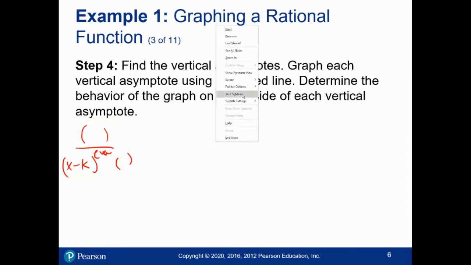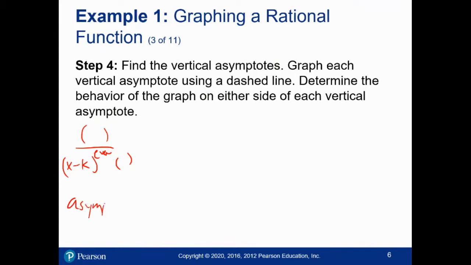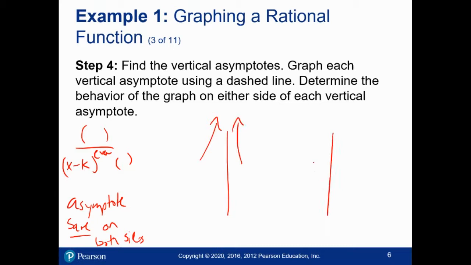So here, your asymptote does the same thing on both sides. In other words, it could do this, or it could do this. They might both go up, they might both go down, but they both do the same thing.